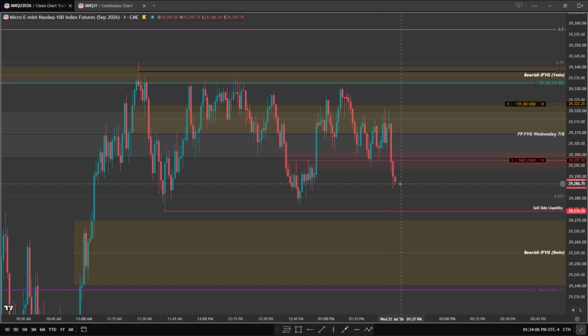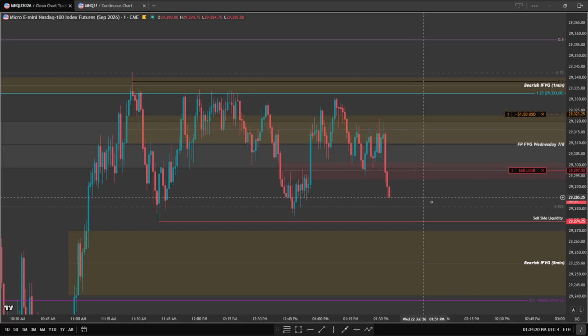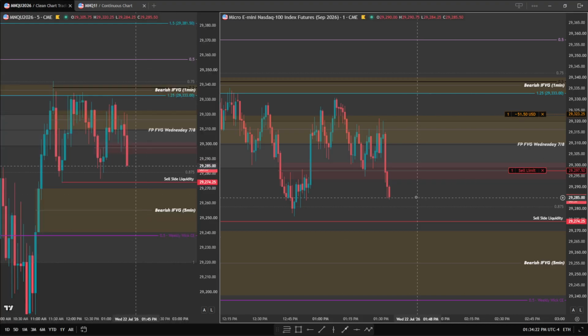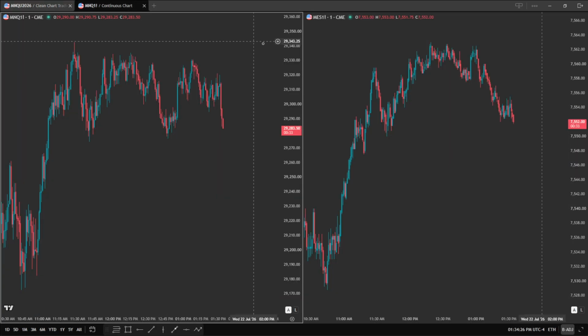I think it'd be really nice to come back up into the low of this gap and use this as a breakaway gap. Wow, that's really frustrating.